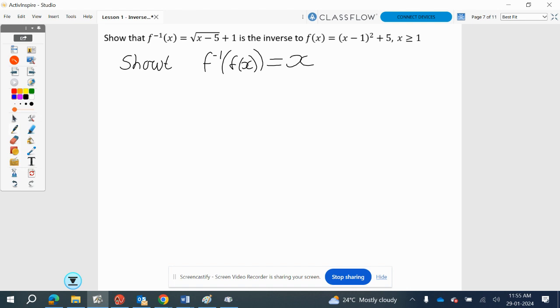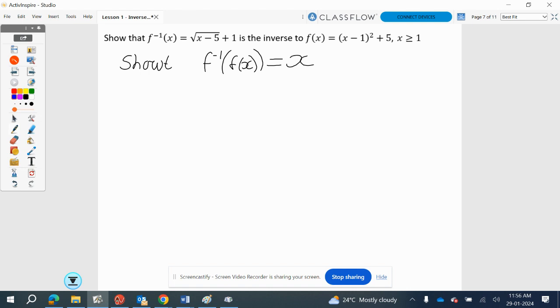So you can compose the two functions either as f of f inverse of x, or f inverse of f of x. We've got f inverse of f of x.